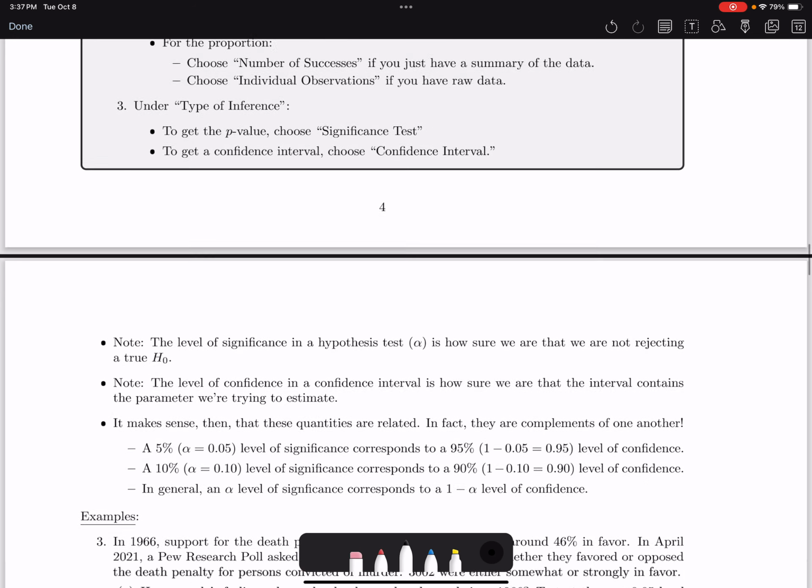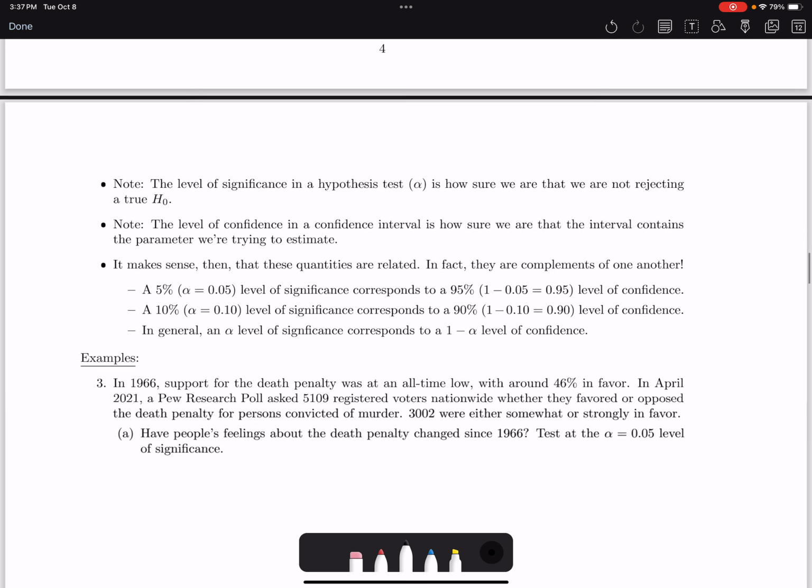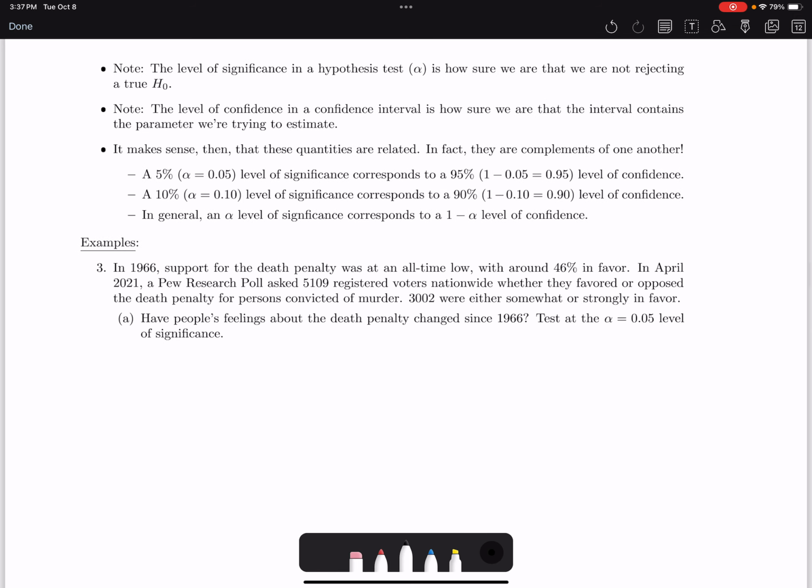One last thing to say before we look at some examples. The level of significance in a hypothesis test, alpha, is how sure we are that we're not rejecting a true null hypothesis. It's the cutoff value that we give for ourselves, and it's how comfortable we are with making a mistake, essentially. If we set alpha equal to 0.05, then we're saying we're okay with rejecting a true null hypothesis 5% of the time.